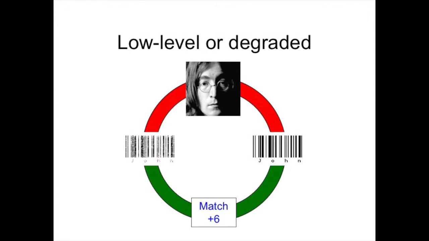We can also look at low-level or degraded DNA. Instead of the usual result that you may see with small amounts of genetic material, or with degraded DNA, where the result is inconclusive, a result that you may see a lot from crime lab reports, shown on the left is a fuzzy barcode. That is, the DNA data can't produce all the information that might be present in the DNA of the individual who left it.